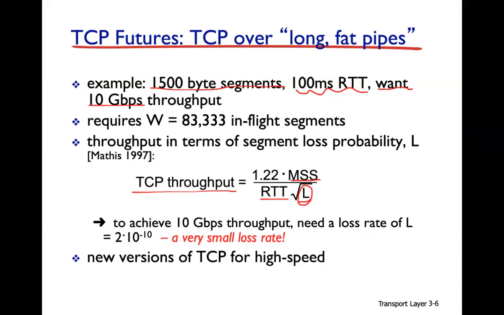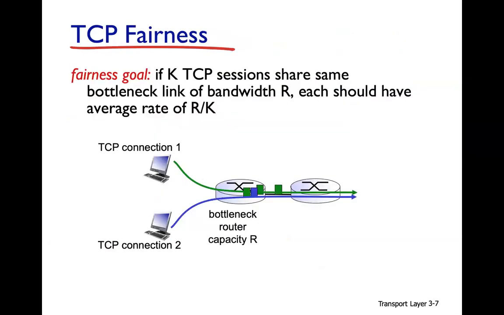So if we want to achieve 10 gigabit per second throughput, we need a very, very low loss rate, 10 to the power negative 10. This is quite small.